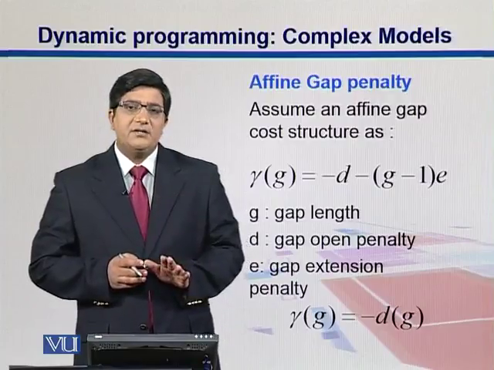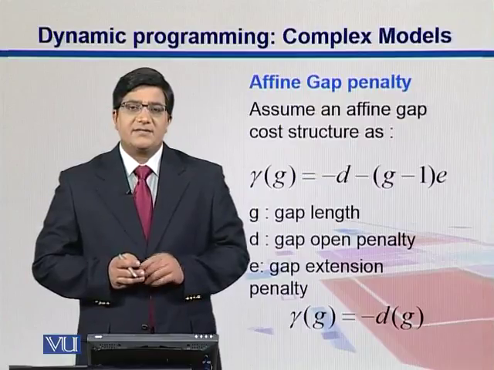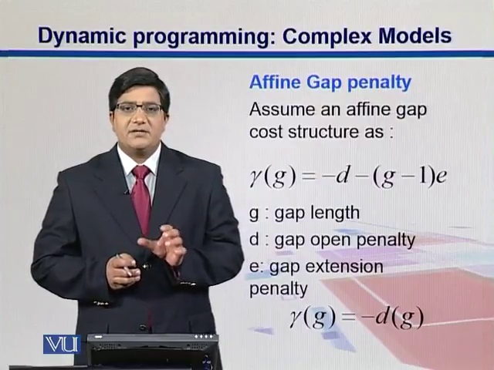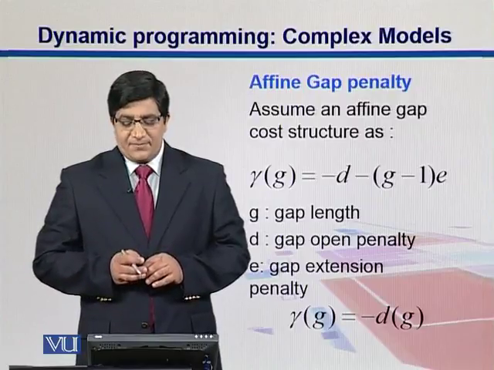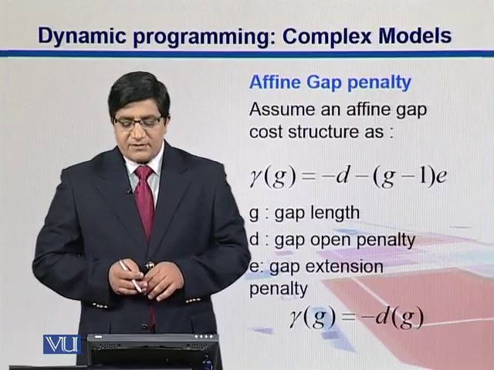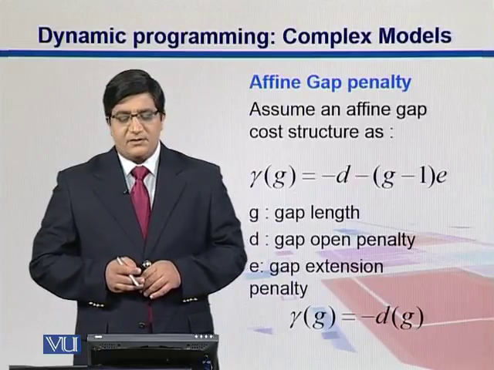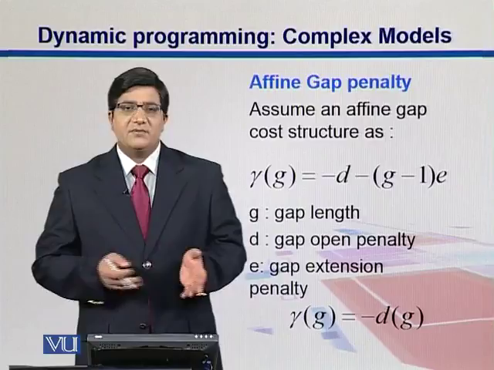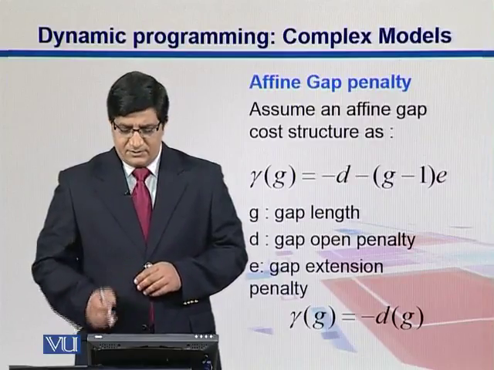But if the gap continues, as in this example, we see it as an extension penalty. So extension penalties are taken as smaller penalties. Whereas in comparison to the previous situation, there gamma g is simply the product of d with g.